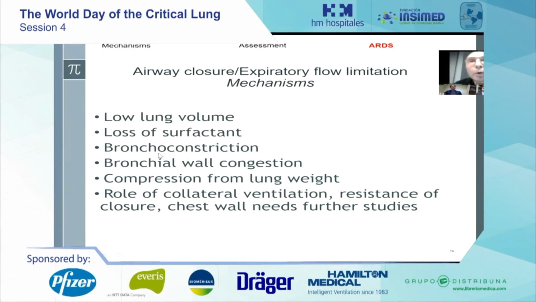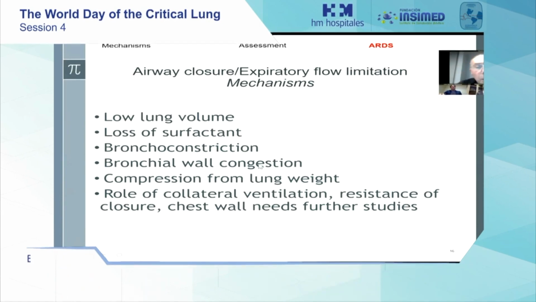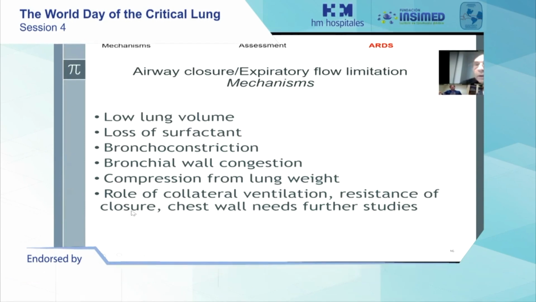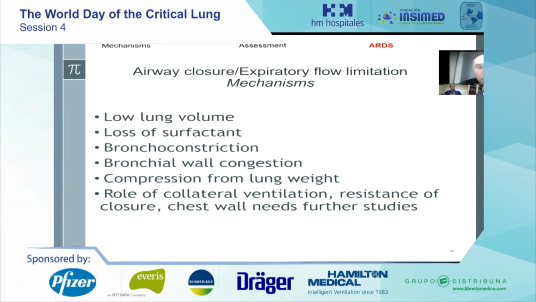Bronchoconstriction can also play a role, and there is a secretion of inflammatory mediators which may act on the bronchomotricity. There is also a role for bronchial wall congestion, and a role for compression from lung weight. But there is a need for further study to assess the role of collateral ventilation, the resistance to closure, which is an intrinsic property of airways, and the role of the chest wall.